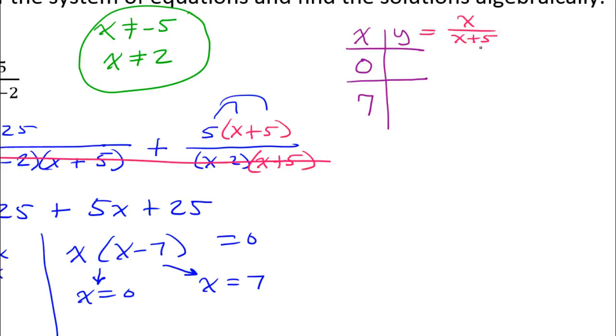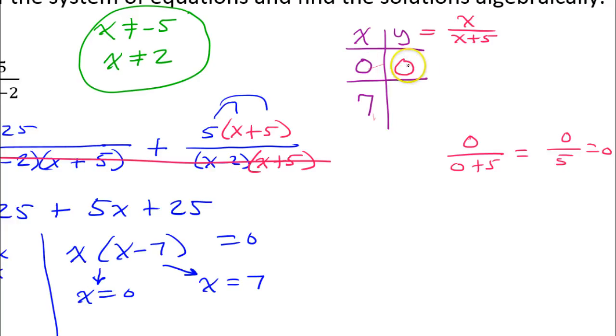So I can either use a calculator or do it by hand. This is simple enough, and these x values are simple enough that it's probably easiest just to do it by hand. If I take 0 and put it in for these x's, then that's 0 over 0 plus 5. That gives me 0 over 5, which is 0.